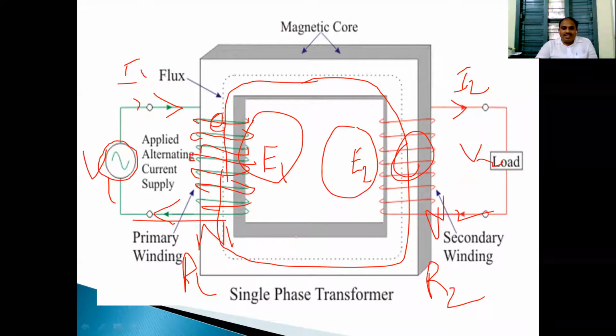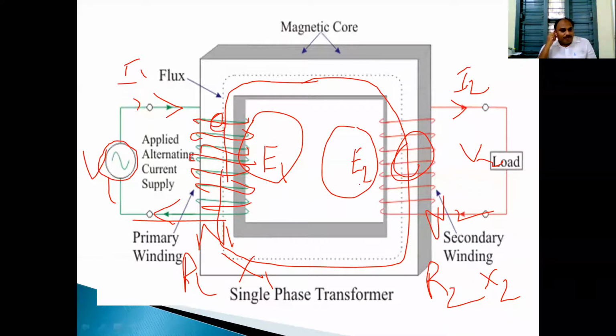When alternating flux exists in the winding coil, reactance is also present. That reactance is because of flux. That is X1, the primary reactance, and secondary reactance X2. These are the parameters of the transformer.